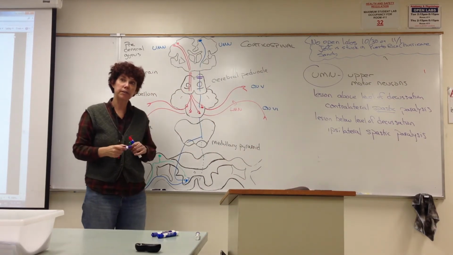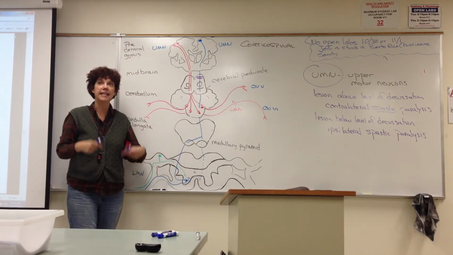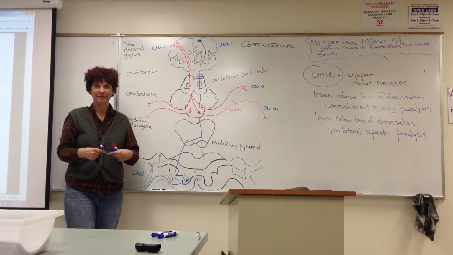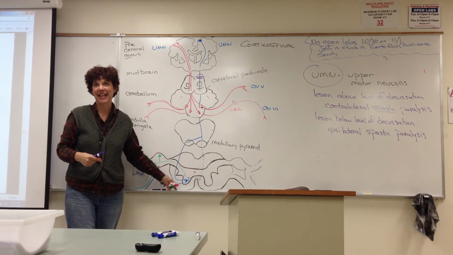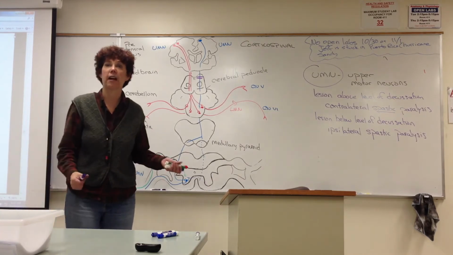If it's the lower motor neuron, the cell body's in the anterior gray horn, it's always ipsilateral because it's already on that side. It's on the same side as the neuron going to the muscle. That neuron doesn't cross.